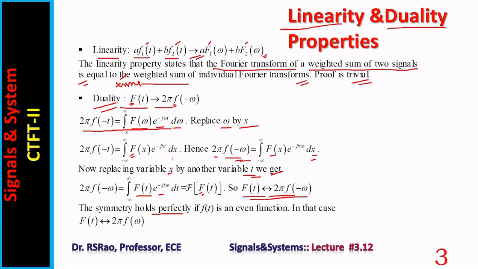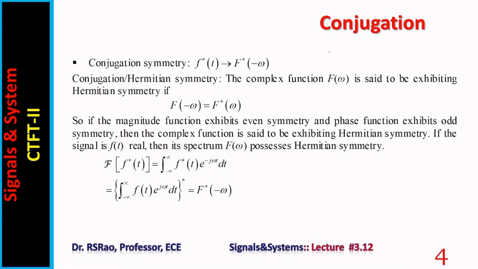The symmetry holds perfectly if f of t is an even function. In that case, F of t and 2 pi f of omega become a transform pair. Another property we consider is called the conjugation property. It is more relevant to complex valued signals.